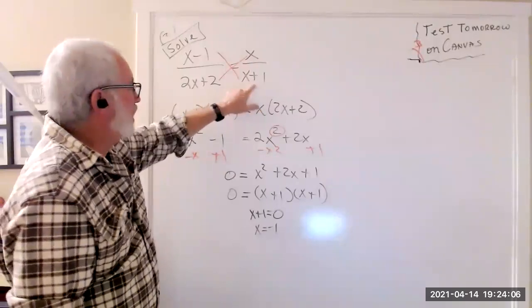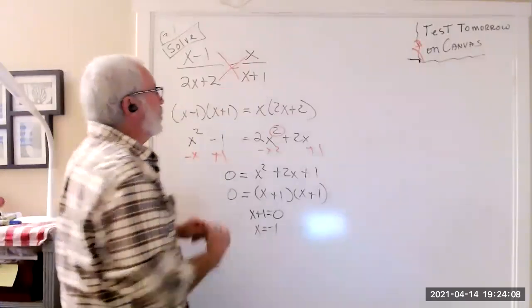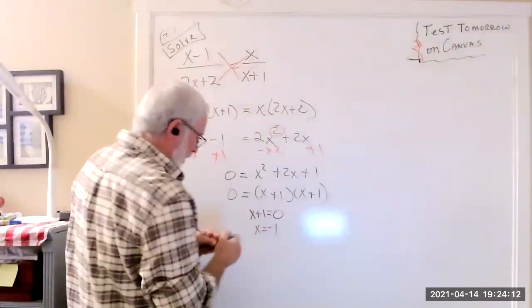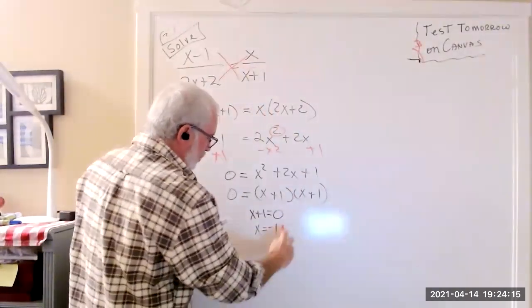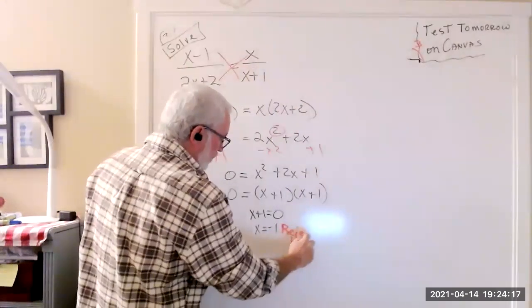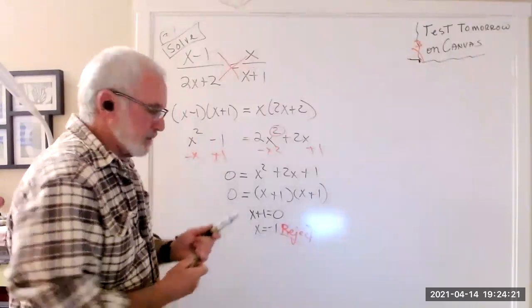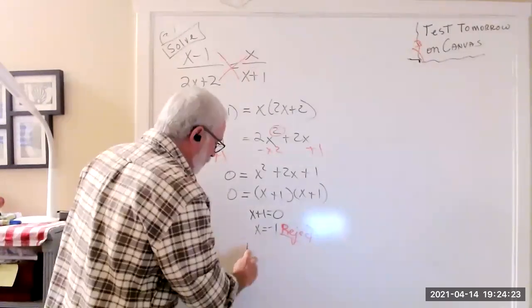And if you plug it in there in the denominator, you get this to equal 0. So this becomes a rejection. You've just rejected your only possible answer. So there is no solution.